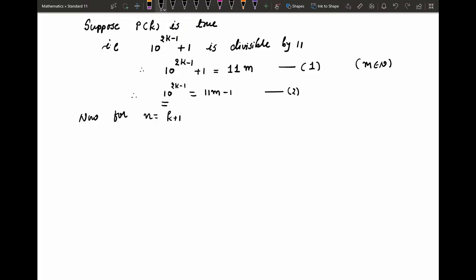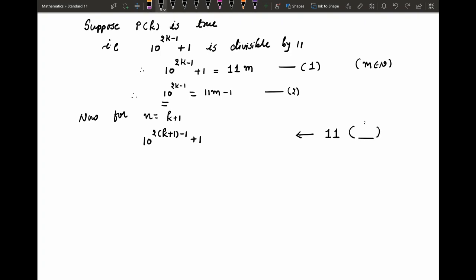Now for n equal to k plus 1, we have to prove that if we take n equal to k plus 1, so 10 raised to 2 into k plus 1 minus 1 plus 1 is divisible by 11, so there must be 11 as a coefficient, 11 into some number.